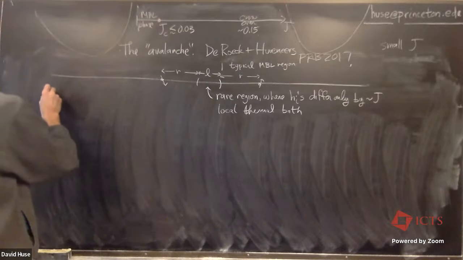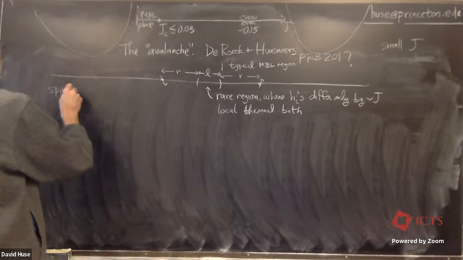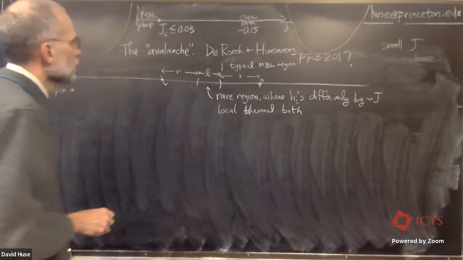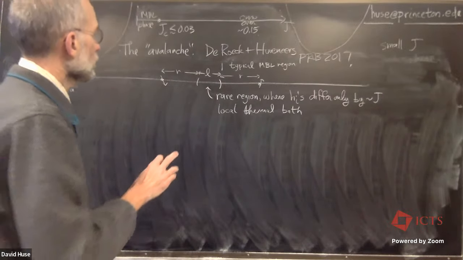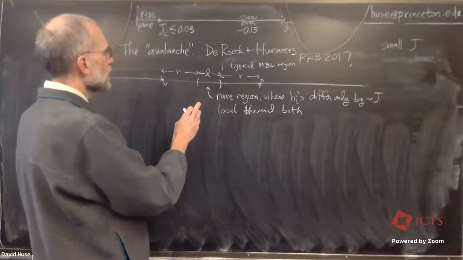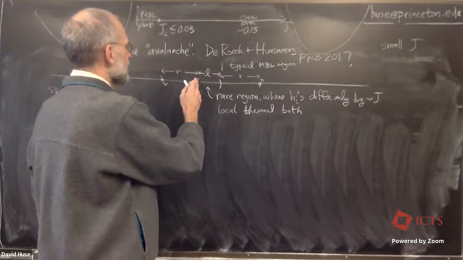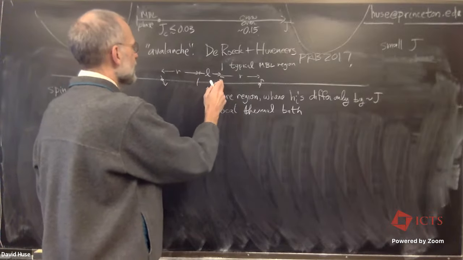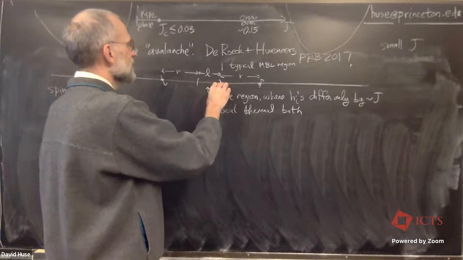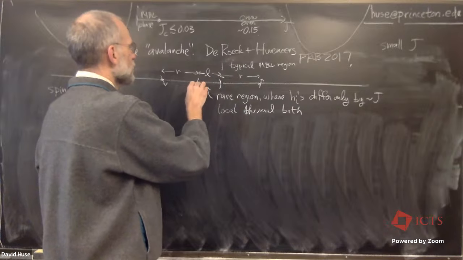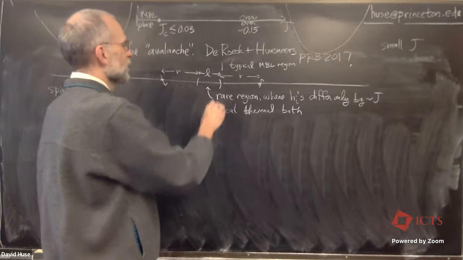One way of thinking about this is, take the rare region and cut the bonds, just turn the couplings to 0 between the rare region and the rest of the system.